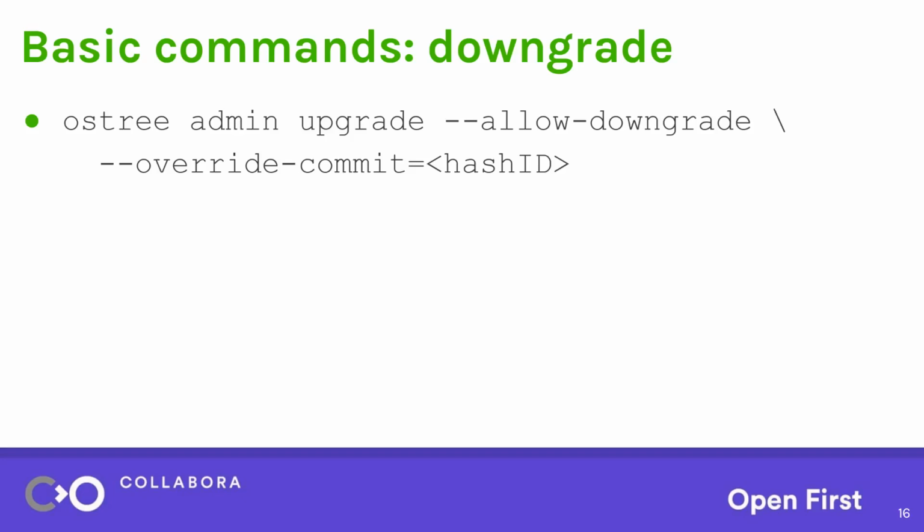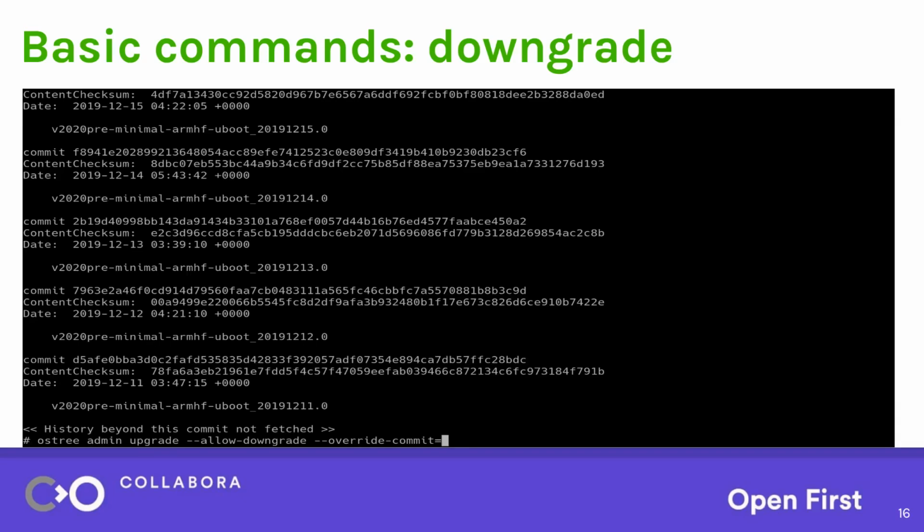The information from the log can be used for operating system rollback or downgrade to any commit available on the server side. As I mentioned at the beginning, the rollback and downgrade process is absolutely the same as the upgrade process. So the ostree admin upgrade command can be used for rollback or downgrading to a previous version.